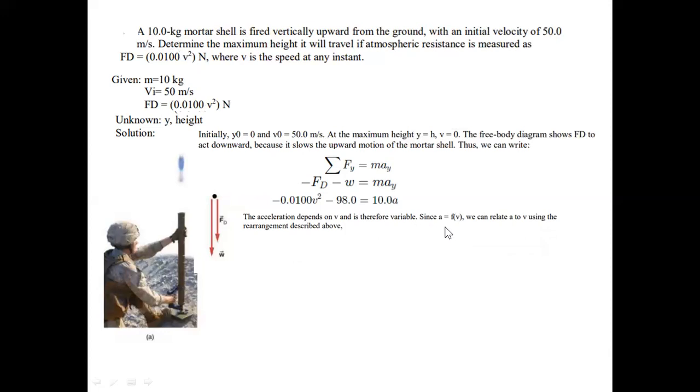Remember, we have the acceleration as a function of velocity v. We can relate a to v using the rearrangement described above. Now we are going to use this equation. Remember, acceleration a equals velocity multiplied by the derivative of velocity, a ds equals v dv.